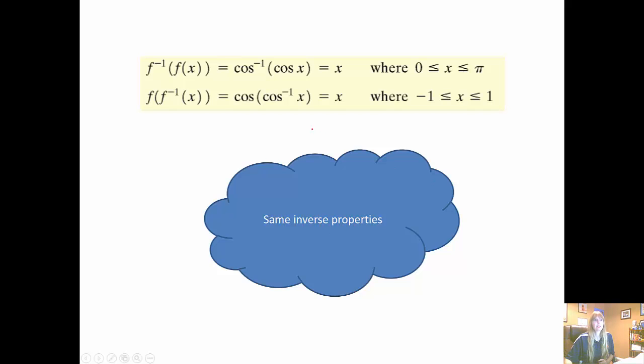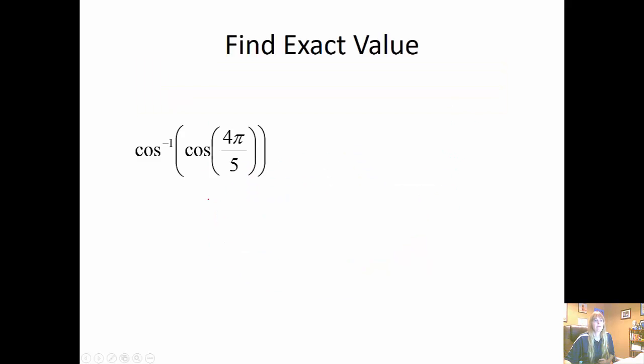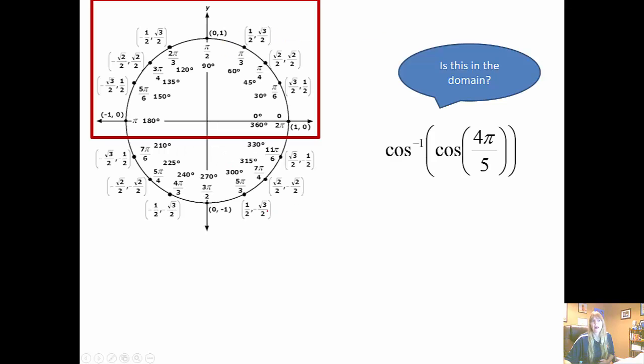All right, just as I mentioned with the sine, same thing works with the cosine, and we just have to be sure we're within our domain. So if I have cosine of 4 pi over 5, my first question is to try to figure out, is this in my domain? And I think it is.